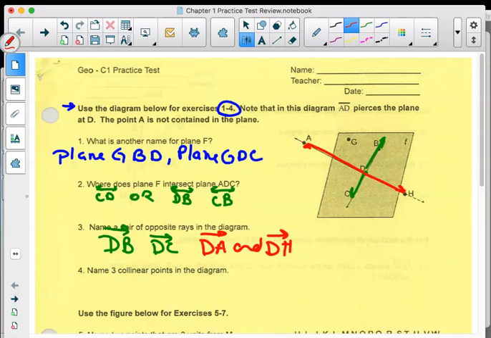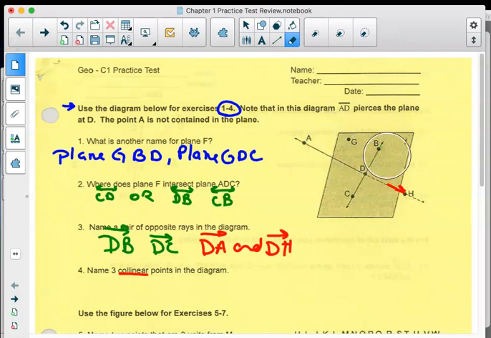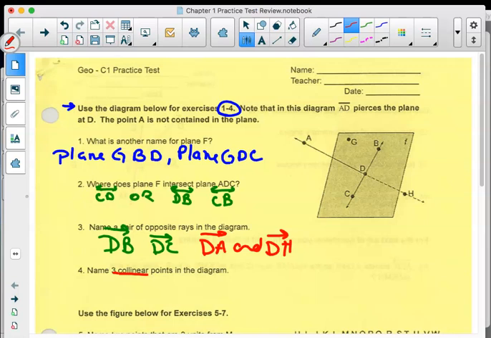In number 4, name 3 collinear points in the diagram. Now keep in mind, co-workers work at the same place. So when I'm looking at this idea of collinear, we want 3 points that lie on the same line. I've got a couple lines going on here. I've got this line CB, and I have points C, D, B on that line.